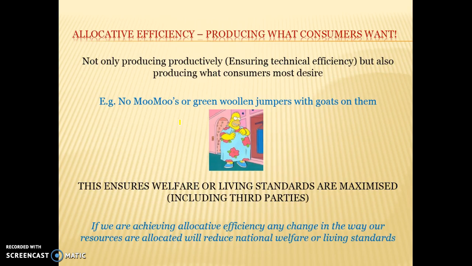So allocative efficiency implies we're not only producing productively, so we need to have technical efficiency, we have to be producing productively to achieve allocative efficiency, but it's not just about that. It's also about producing what consumers most desire and what's going to maximise society's utility. Okay, if we're achieving allocative efficiency, any change in the way we use our resources will only reduce national welfare or living standards. We're already optimising society's best interests. So allocative efficiency is just the same as efficiency, really.